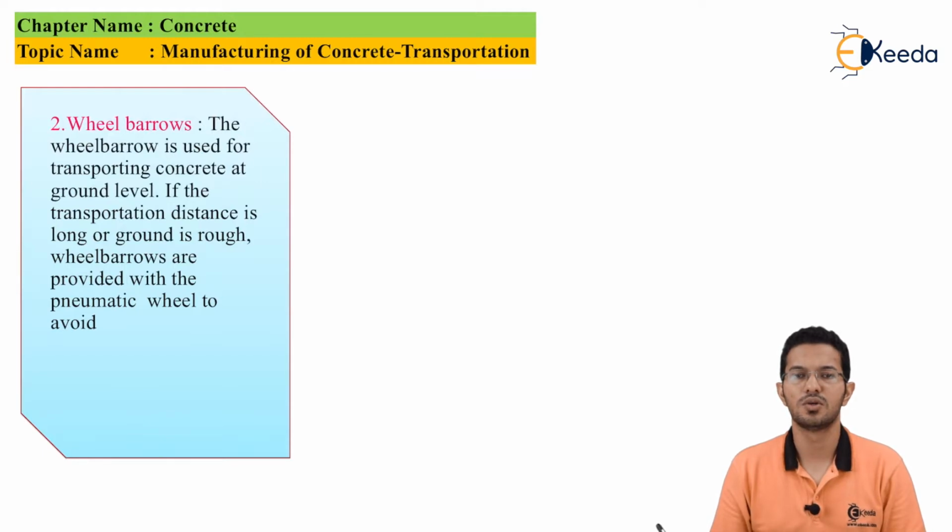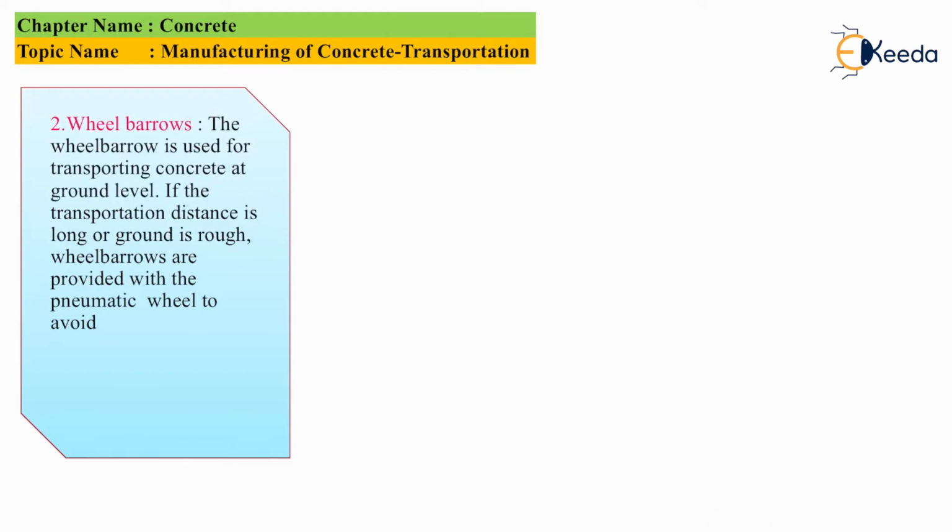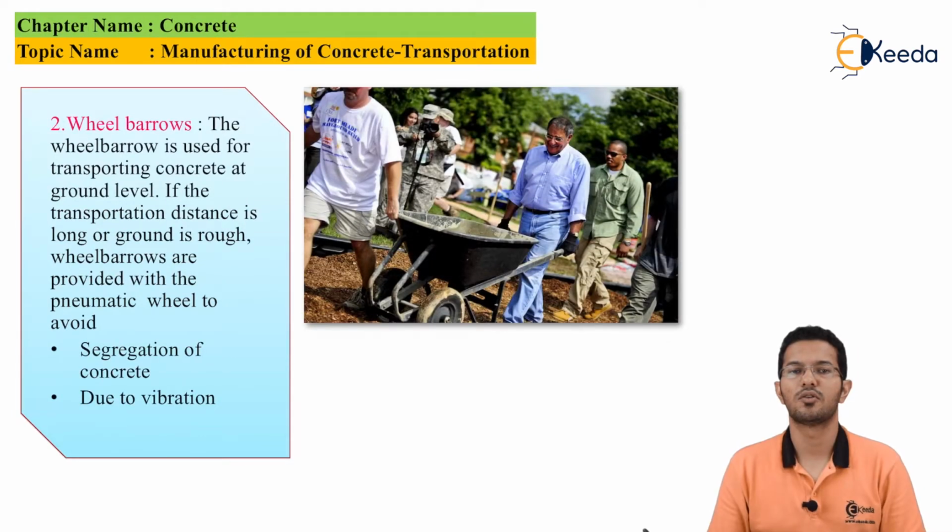It can also be used to haul concrete up a gradient of 20%. The batch from a mixer should go into a single barrow. If you take part of the concrete in one barrow and the other part in another barrow, it might be problematic because the uniformity of concrete will be disturbed.